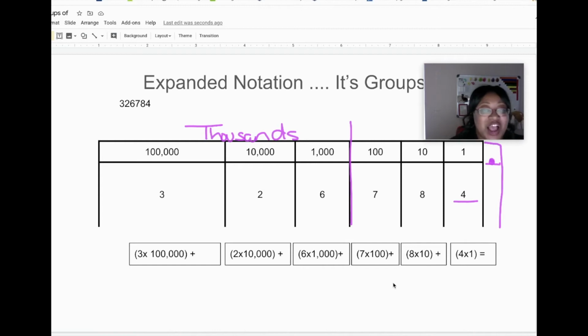Excellent. All right. Well, now you know how to write expanded notation. Make sure you practice writing your place value chart, putting numbers in your place value chart, saying the names of those numbers, and writing them in expanded notation, groups of.